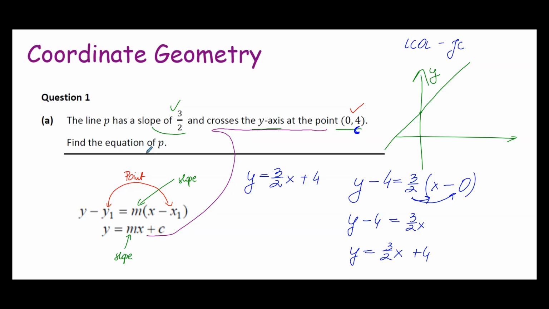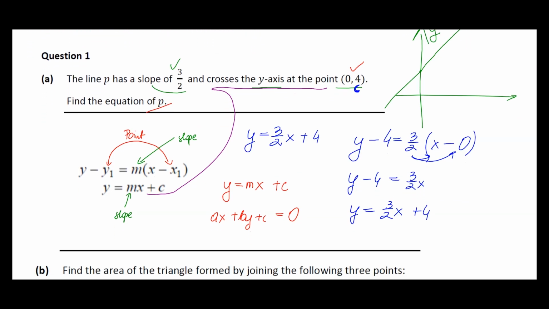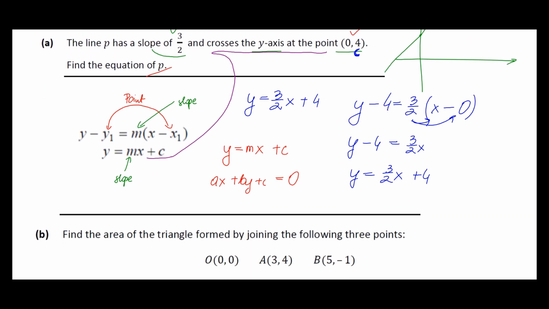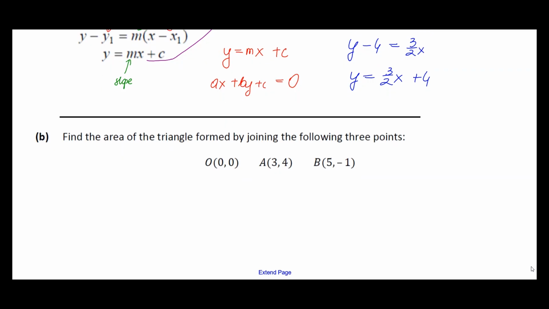When we don't have terms and conditions for the line, we can either express our line with y on its own on one side of the equation and x and a number on the other, or we can have all values on one side of the equation and 0 on the other side, depending on how we want to do it if the conditions for our answer are not given.